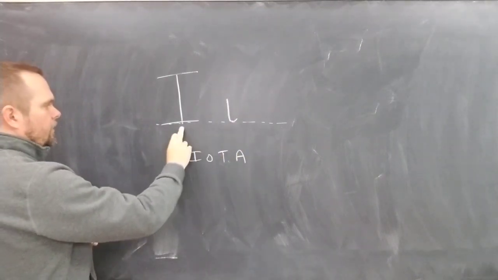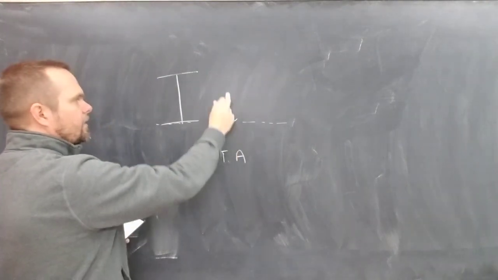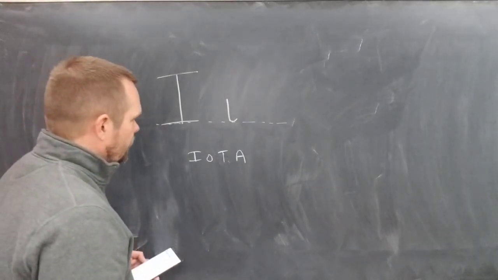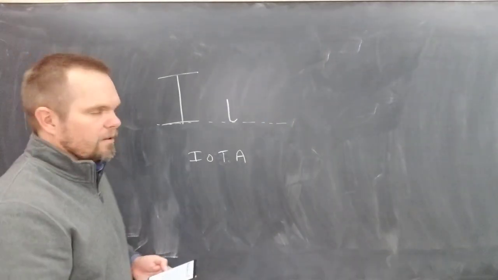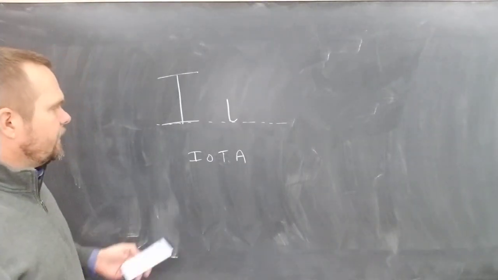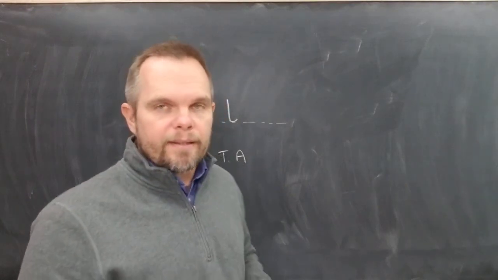Iota. Looks like an uppercase I, looks like a lowercase I with no dot. The tail is optional. You could just write it as a lowercase I without a dot, but it's Iota, and it makes the sound of the classical E, just like Latin, E.